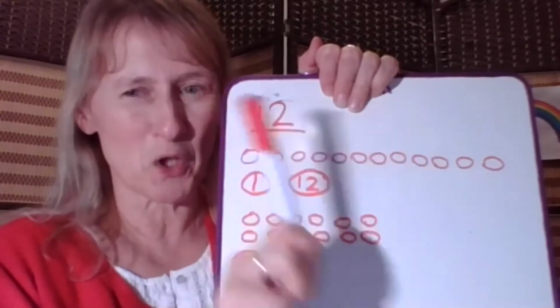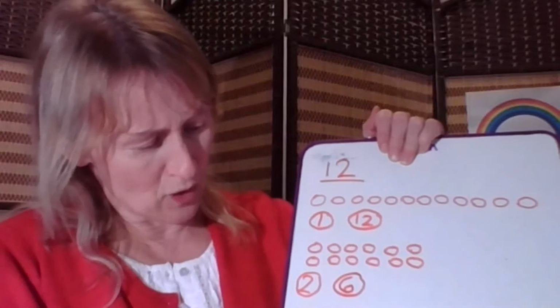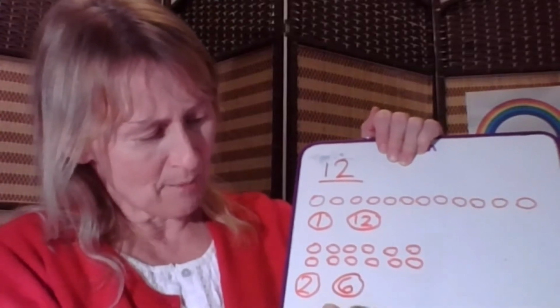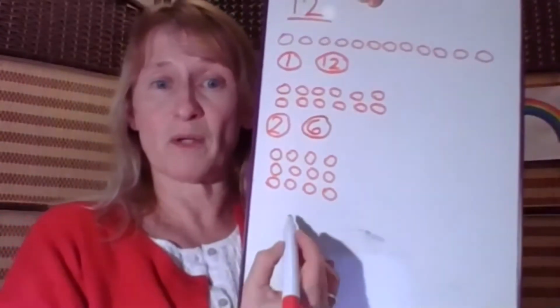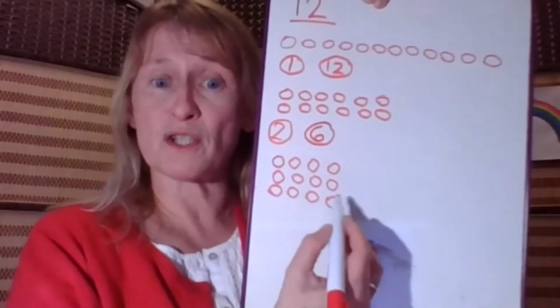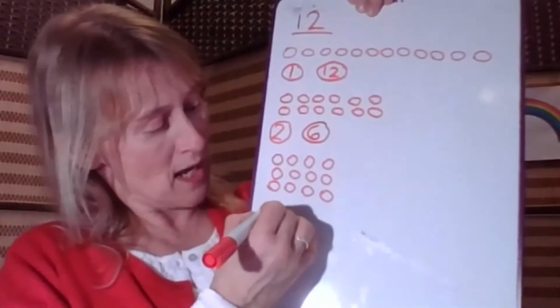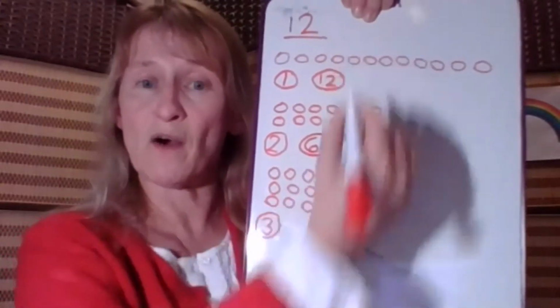Okay, that's the important thing, none left over. Let's try 3. 1, 2, 3, 4, 5, 6, 7, 8, 9, 10, 11, 12. Perfect. It's made rows of 3, columns of 3 with none left over. So yes, 3 is a factor of 12.